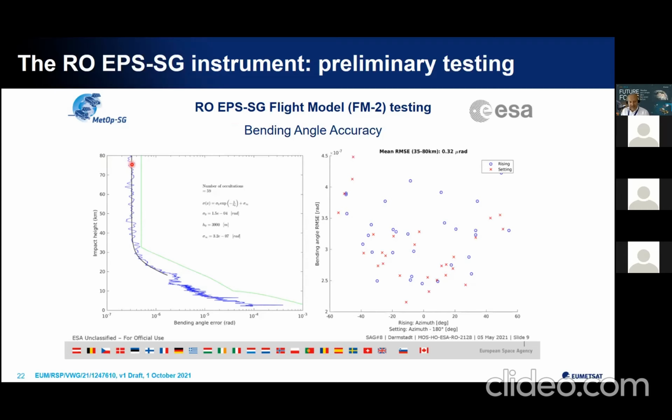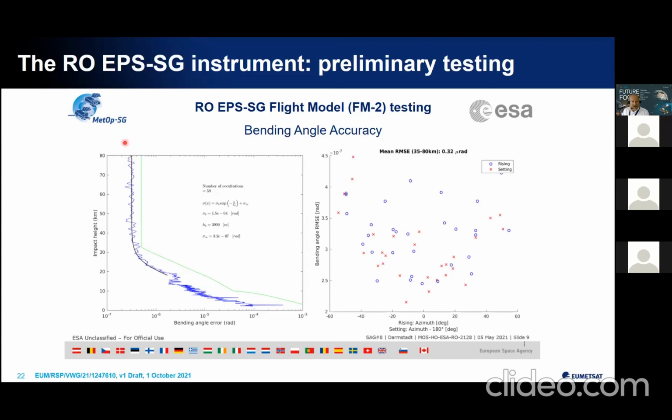The level 0 data obtained by the instrument after having been fed by these simulated occultation data were processed by the GPP of RUAG. The GPP is the ground processing prototype, used to derive the bending angle associated to each occultation. Then each bending angle profile is compared with the ground truth.